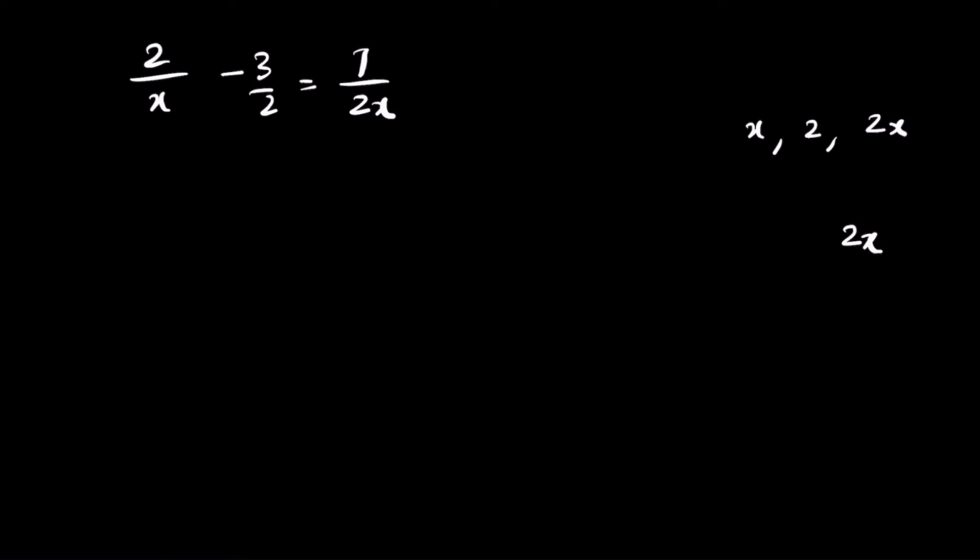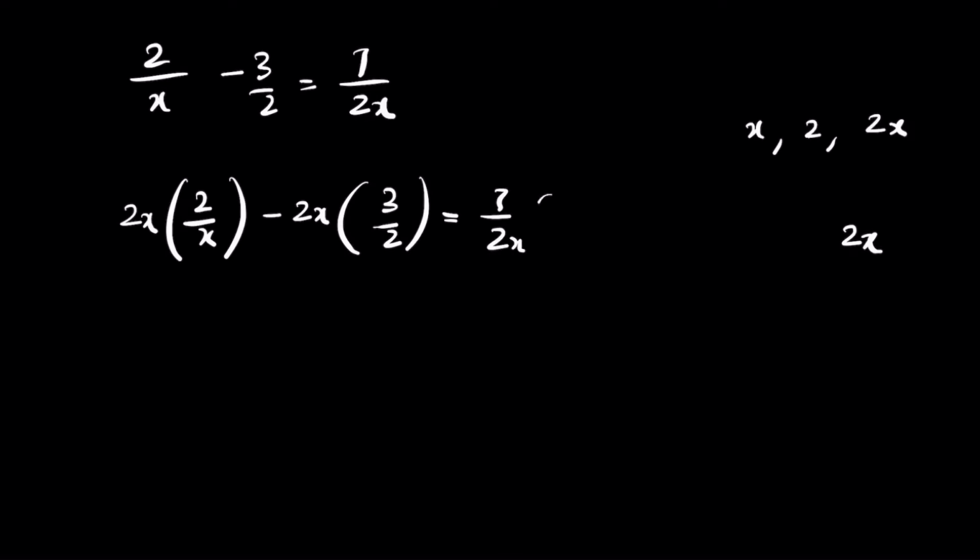So multiply 2x with everything. So 2x into 2 by x minus 2x into 3 by 2 equal to 7 by 2x into 2x. So x gone, 2 gone, so you have 4 minus 3x equal to 7.